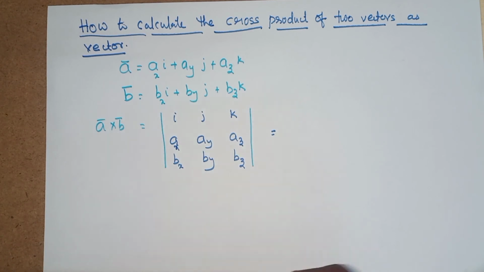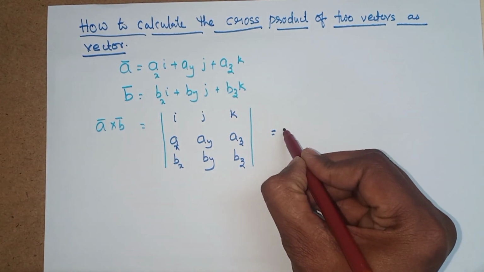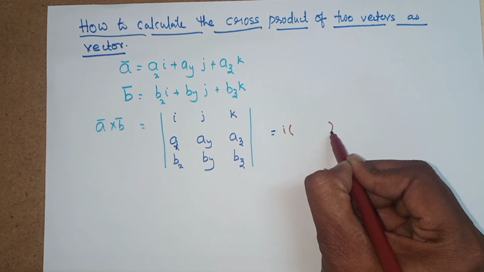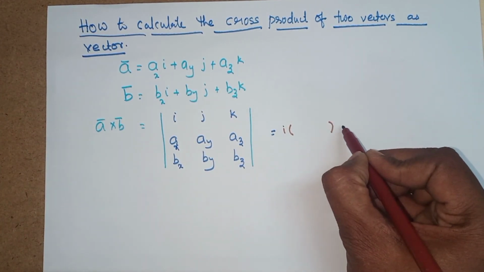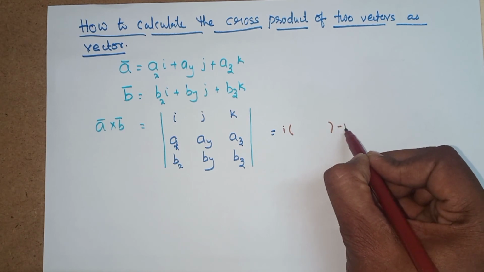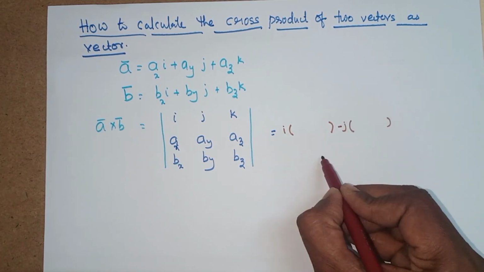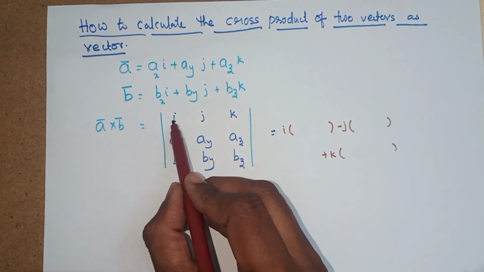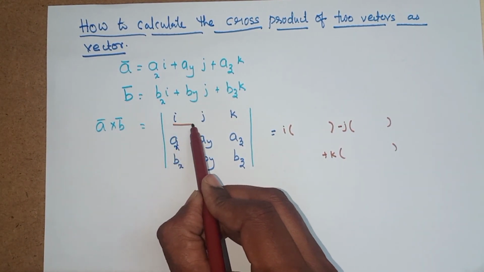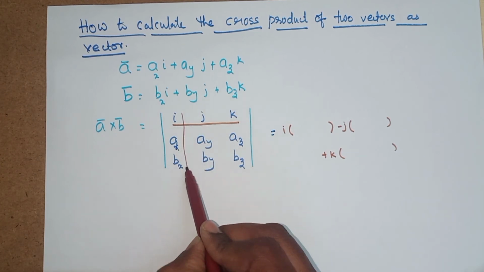Right. Now how to write it? We write i, minus j, plus k. Remove the row and column of i, and likewise for j. Now what happened?